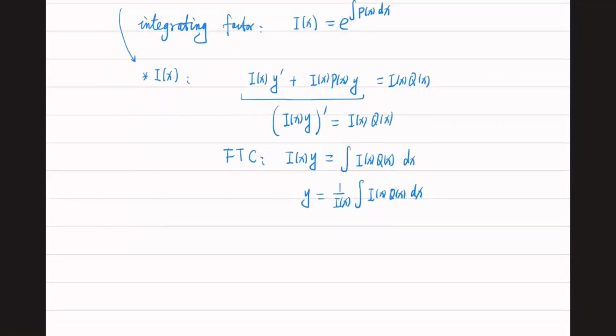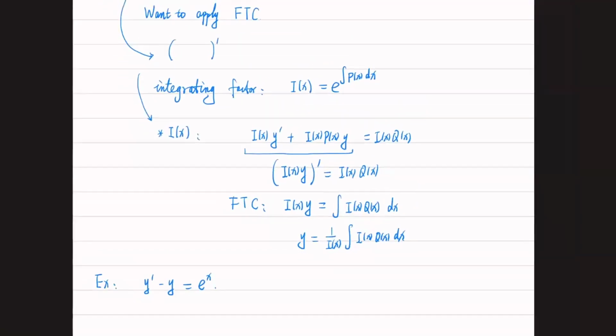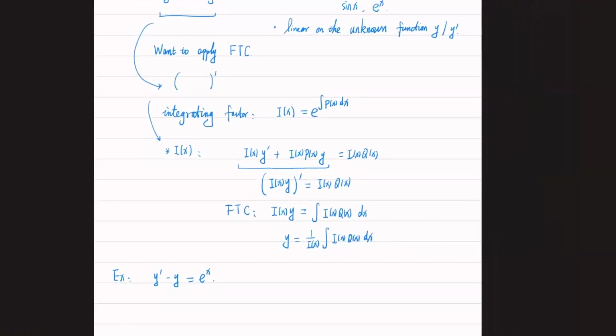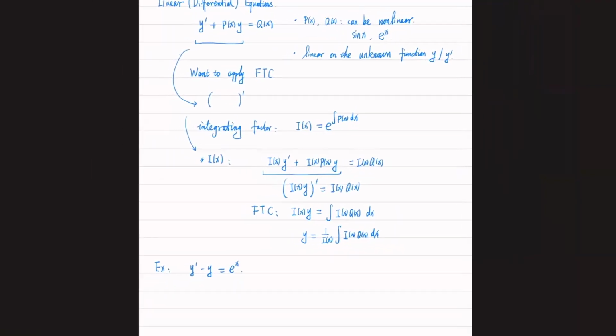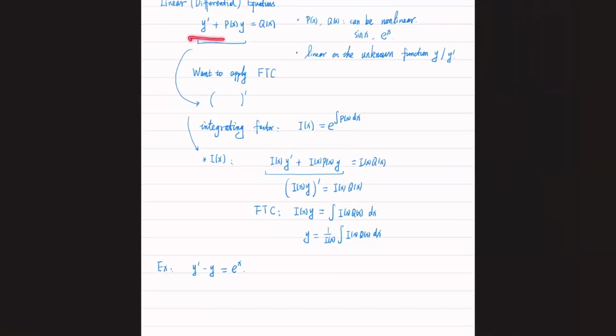Let's put this into practice. Let's try to solve this differential equation. For this one, let's match with the formula. That's the formula, and this is the problem.